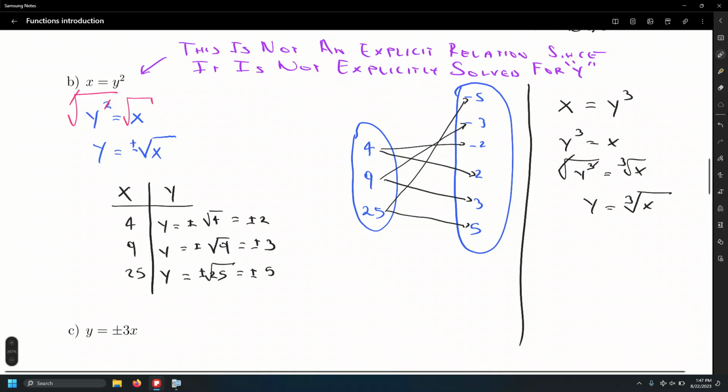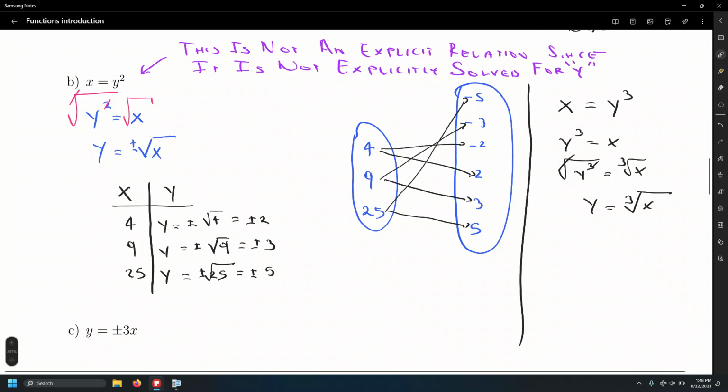It turns out that when we use the root property, we only put the plus or minus when we're dealing with even indices, like if we're taking the square root on both sides, the 4th root, the 6th root, the 8th root, the 10th root, it's all even indices.